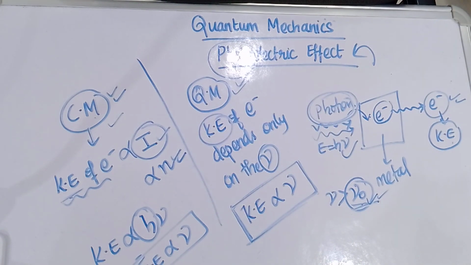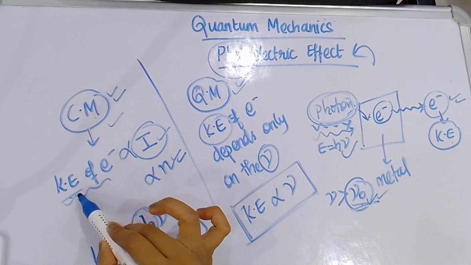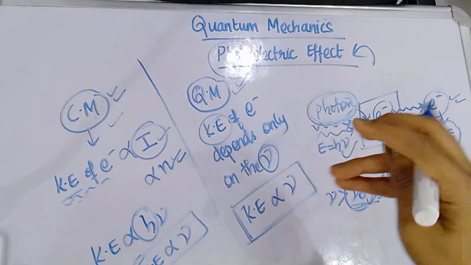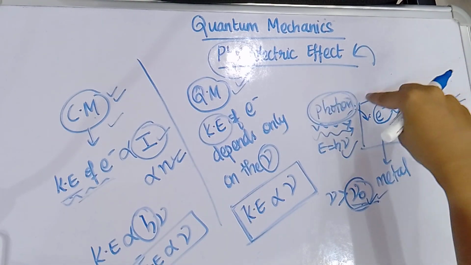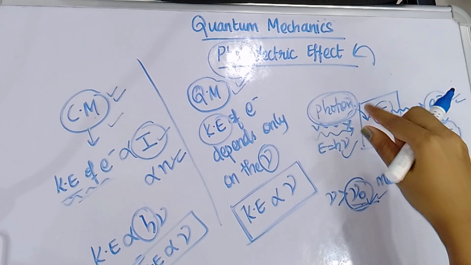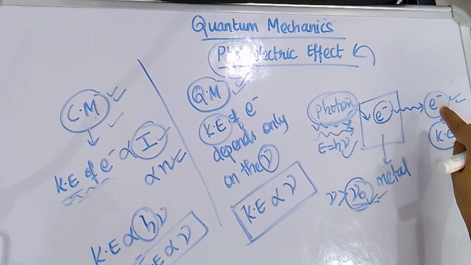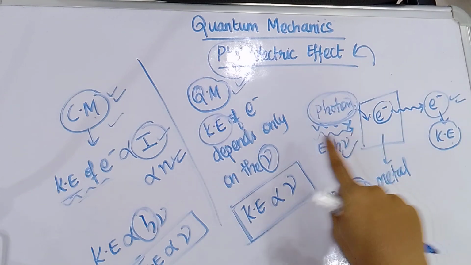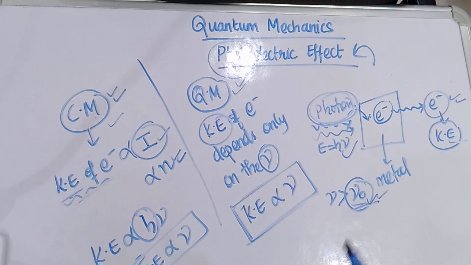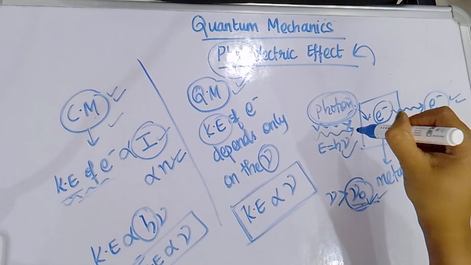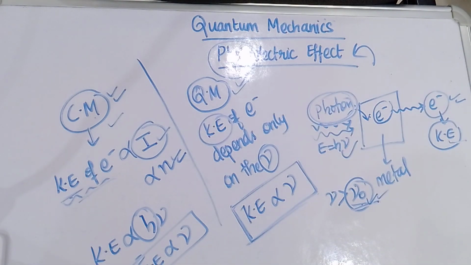What did classical mechanics say? It said that it is dependent on the intensity, that is, how many photons fall on the metal surface. That is wrong, because the kinetic energy of the electron doesn't depend upon the intensity of the incident photon. It only depends upon the frequency of the incident photon.